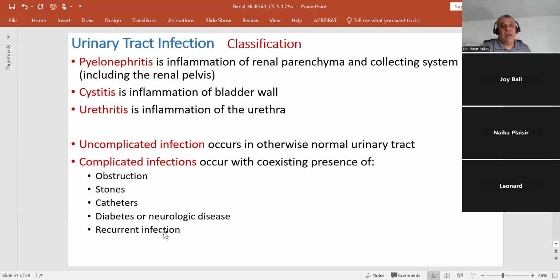So these are the differences between complicated and uncomplicated infections. Uncomplicated infections occur in an otherwise normal urinary tract, but complicated ones are usually coexistent with other problems like obstruction, stones, catheters, or other diseases or infections.